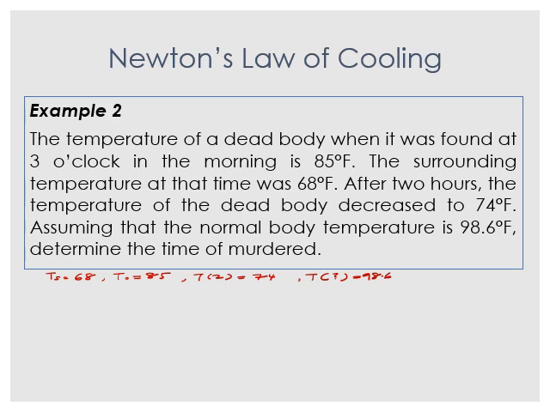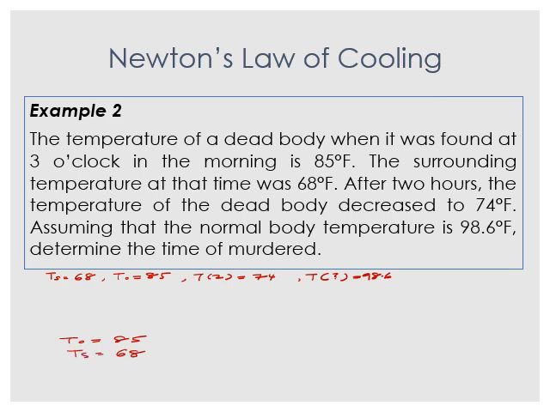So when we are still at the normal temperature, what is the time? Now we can assume that the initial temperature is when the body was found, so T naught is equal to 85, and Ts is equal to 68.